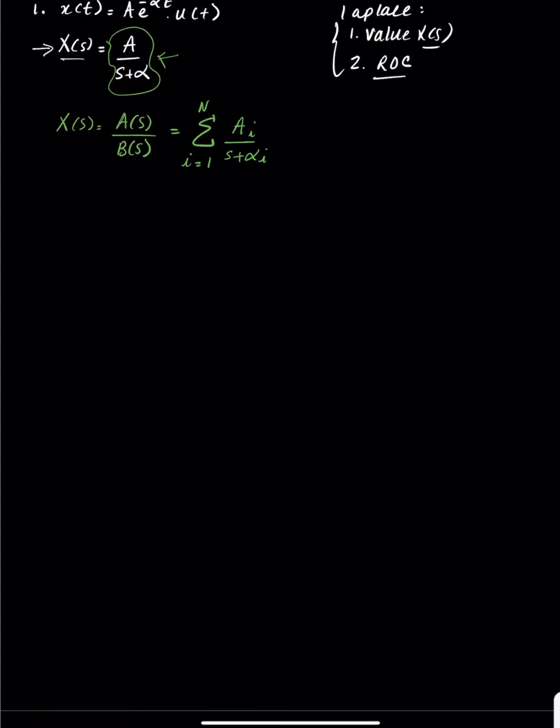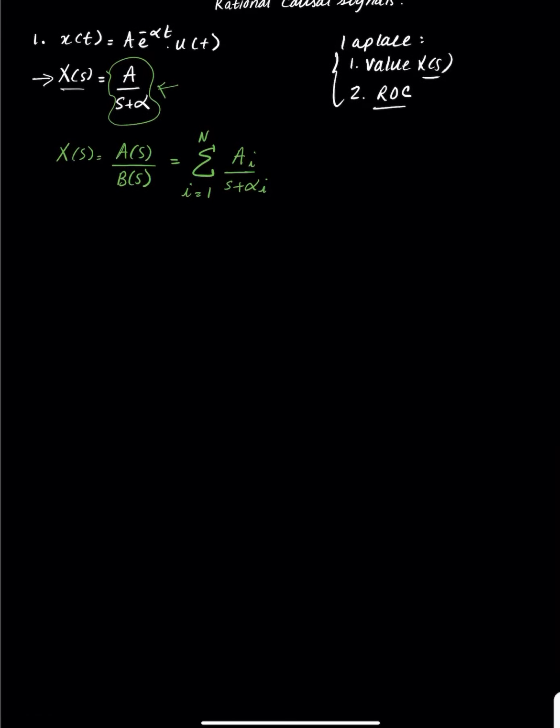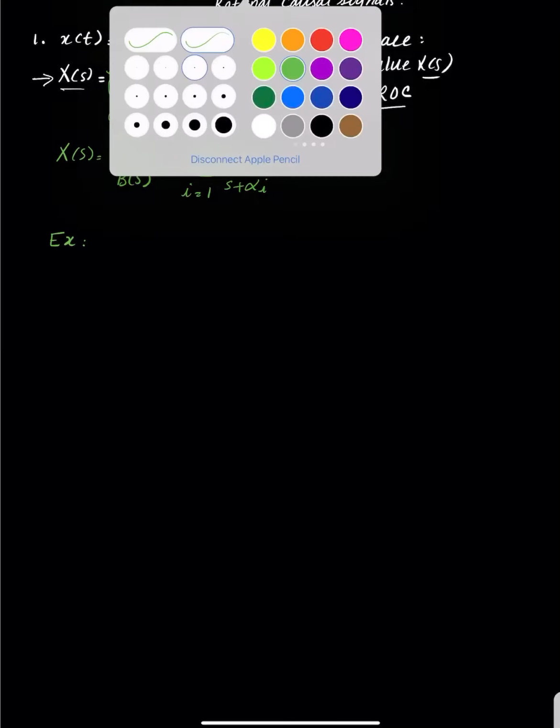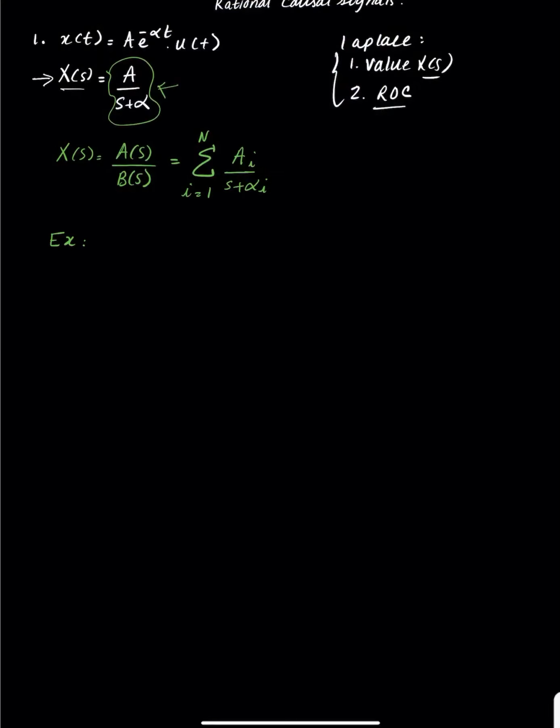Now I'm going to go ahead and give you an example of this. Let's say our X(s) is a constant a1 over s plus 2, plus a2, another constant, over s minus 3.